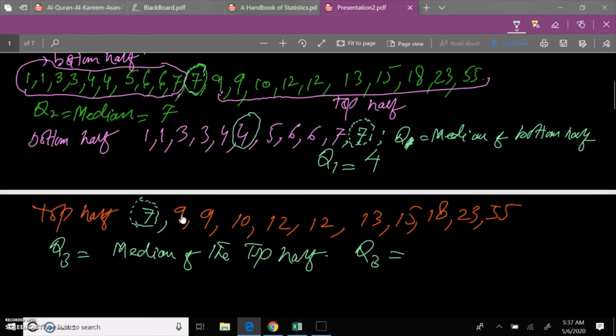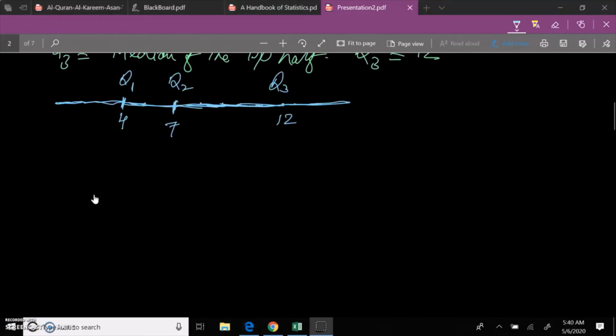The 6th. 1 2 3 4 5 6, and this is equal to 12. So here we have found Q1, Q2, and Q3.